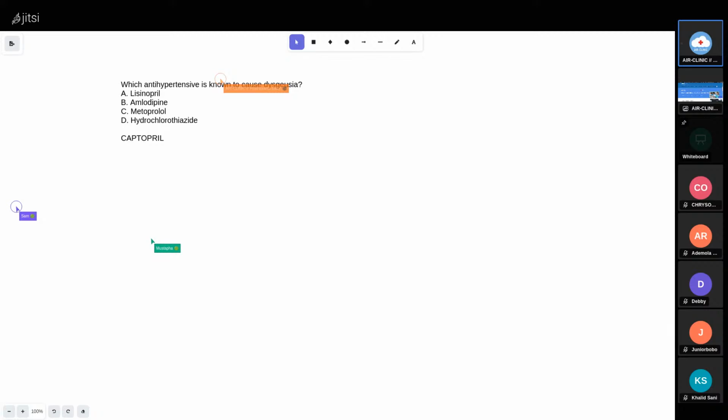So let's see. Captopril, mnemonic. So there's cough, angioedema, potassium changes.